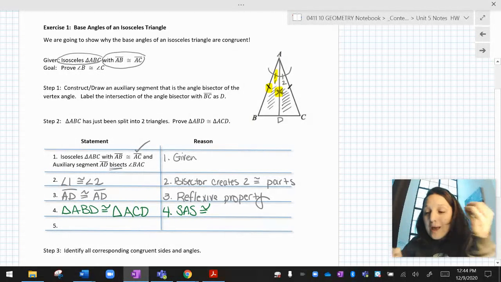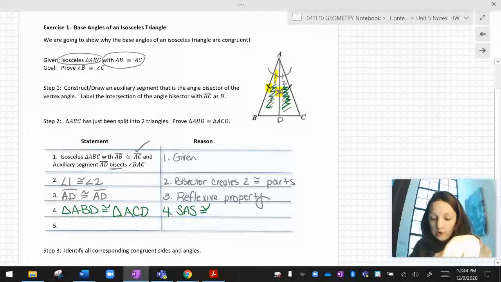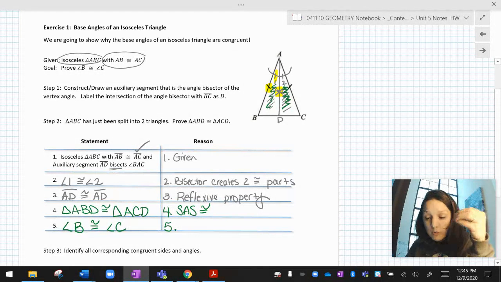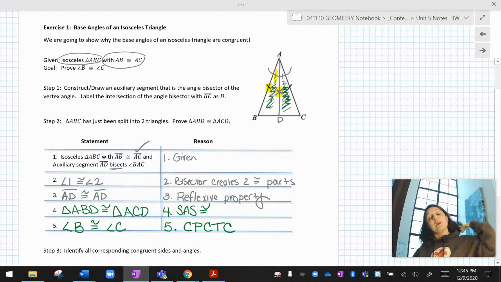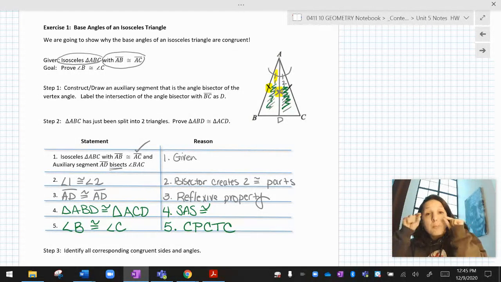And now that I know that the entire triangle on the left equals the entire triangle on the right, that means B, which comes from the left triangle, and C, which comes from the right triangle, are congruent by CPCTC. In other words, once I got the triangles equal, I now knew about B and C automatically because those were parts of the congruent triangles that I had no other way of getting to, but now I do.